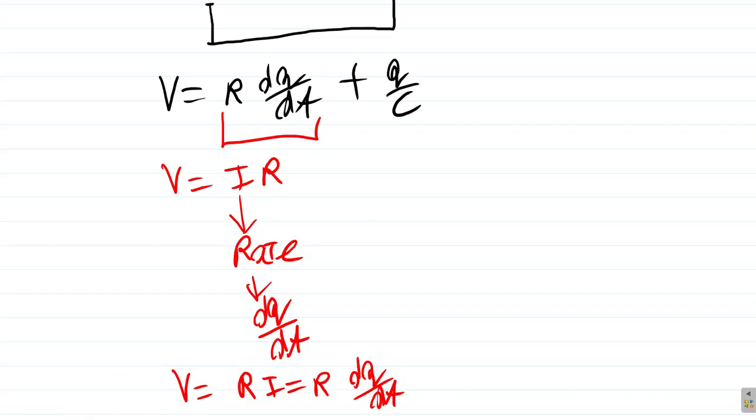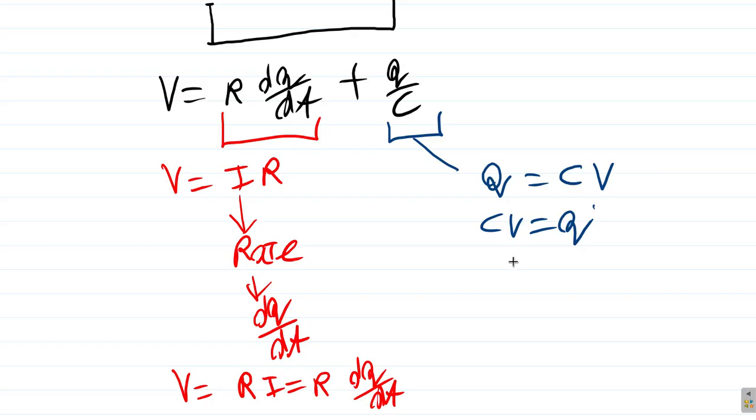Now, how about this part here? The charge on a capacitor is equal to the capacitance times the voltage that appears across the capacitor. So if we rewrite it like this, CV is equal to Q. Dividing both sides by C, we have the voltage is equal to the charge divided by the capacitance.